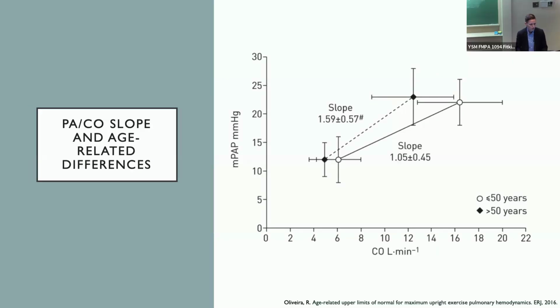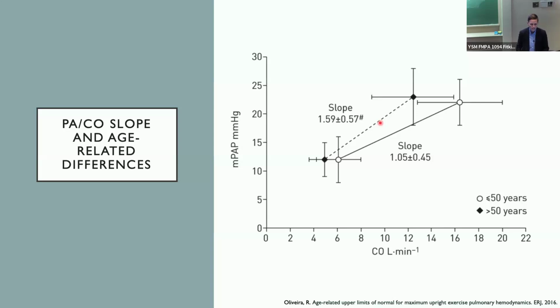We also know that the pressure-flow relationship during exercise, even in health, is age-dependent. In younger adults, which we see at the bottom of the screen, the slope averages just over 1 millimeter of mercury per liter per minute. In contrast, in older adults, who we see here, the slope is significantly steeper.